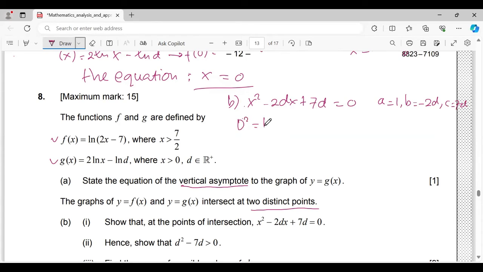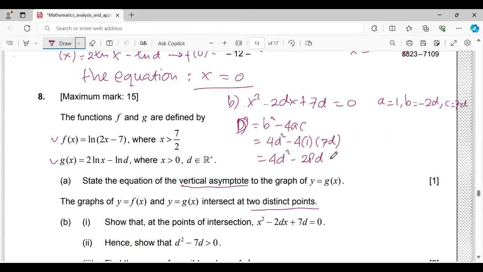The discriminant D equals b squared minus 4ac. So 4d squared minus 4 times 1 times 7d, which is 4d squared minus 28d.